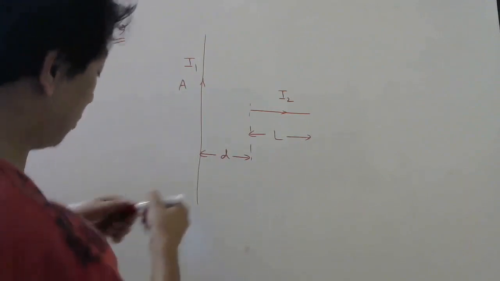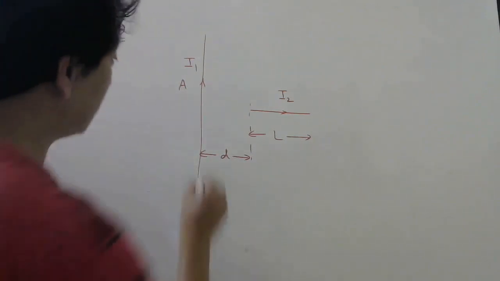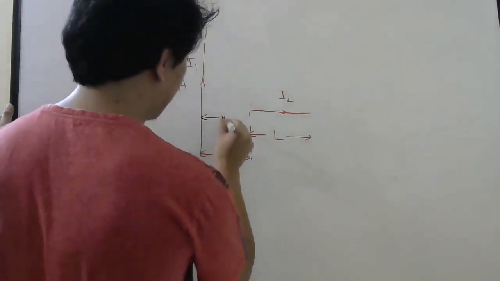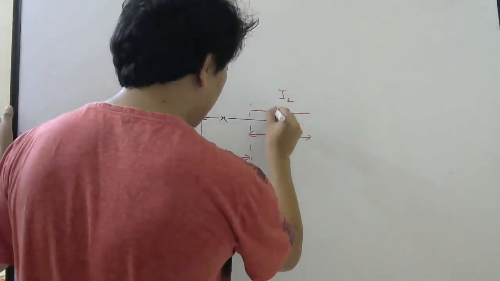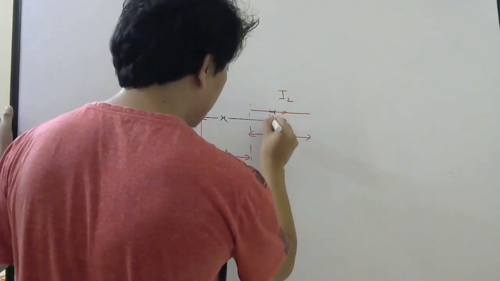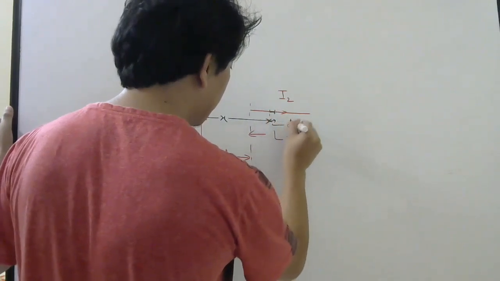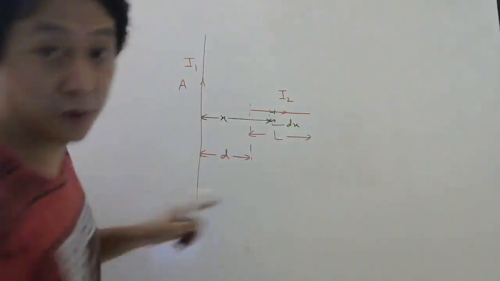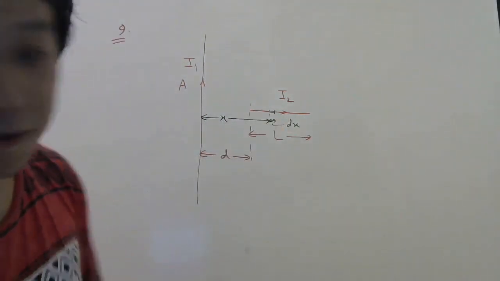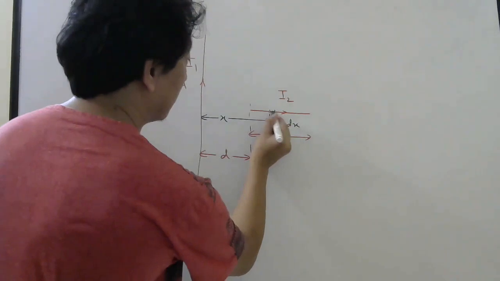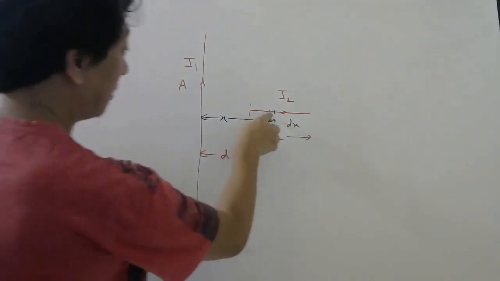So what we need to do is, at some distance x from this wire, let me consider a small section of this wire whose thickness is dx. Let's say the length is dx.